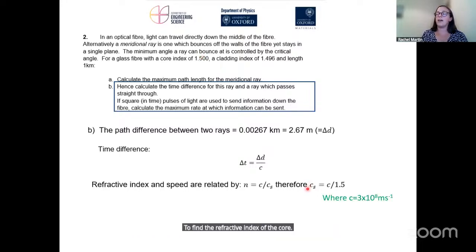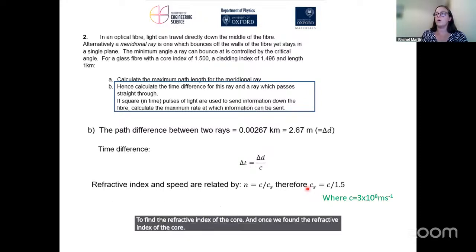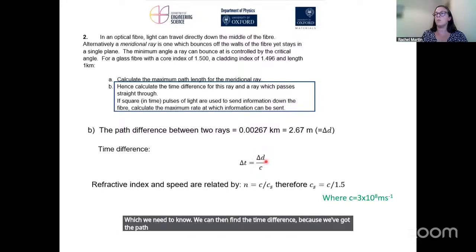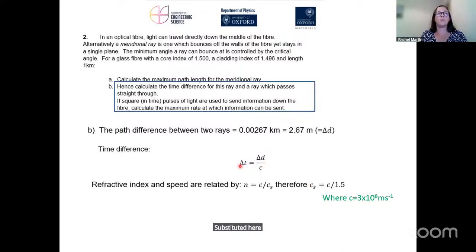Once we've found the refractive index of the core, using the speed of light, 3 times 10 to the 8, which we need to know, we can then find the time difference because we've got the path difference. The speed of light in the material is going to be substituted here. And well done, the time difference.